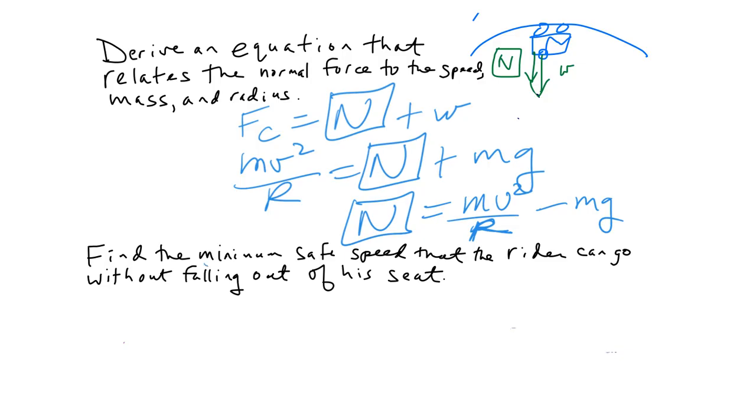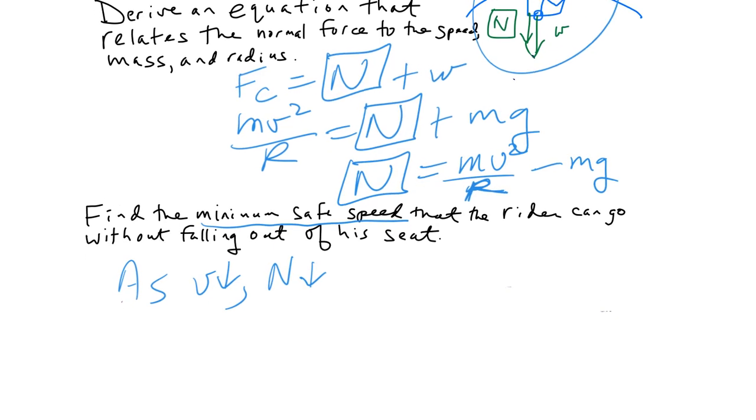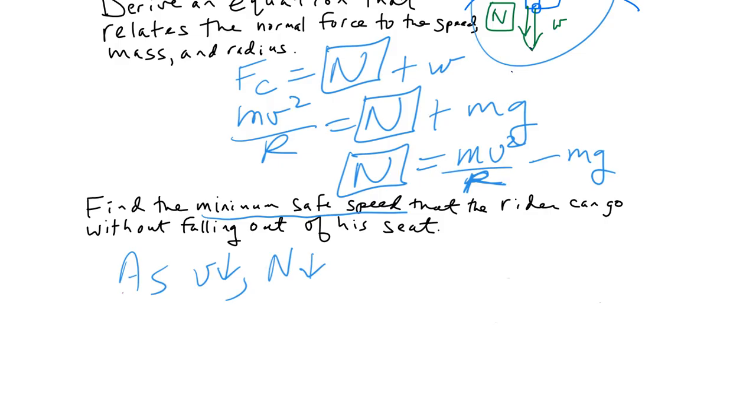Okay, find the minimum safe speed that you could go without falling out of a seat. So remember, as v decreases, the normal force decreases, at least at the top of the hill, like we are here, upside down at the top of the hill. Okay, so let's say the minimum safe speed is when N is 0.